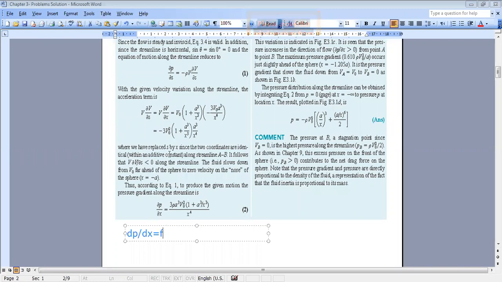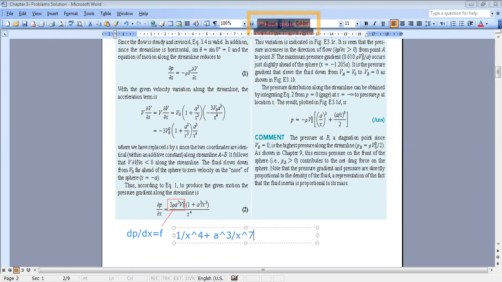Okay, this is the constant F. It's a constant term. And here I will divide this into two parts. I have 1 over x to the power 4, plus a cube over x to the power 7, okay.